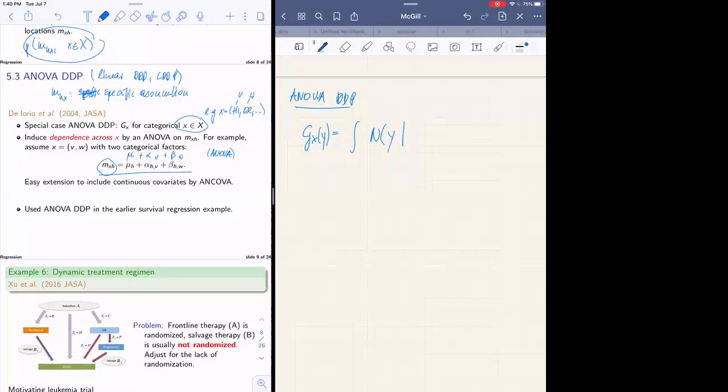A normal kernel centered at M sub X and fixed kernel variance, and then we have the F sub X of M sub X. This is just moving from the discrete probability measure to a continuous probability measure by convolution with the additional normal kernel.